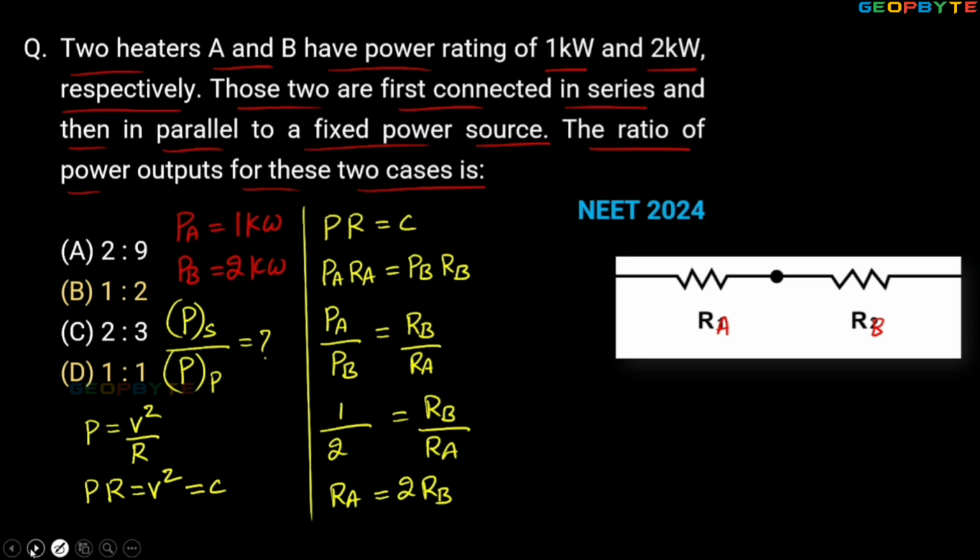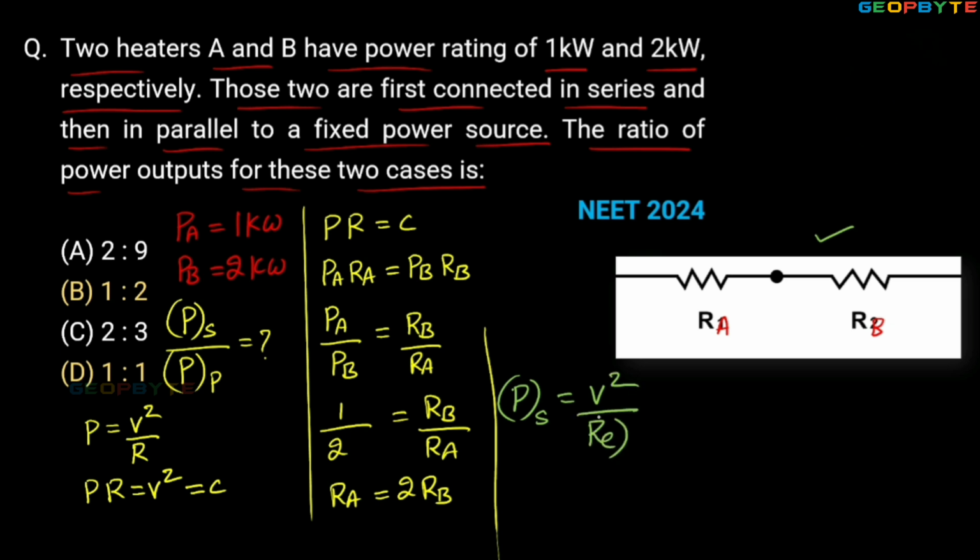Then for the series arrangement, how do we write the power? Power in the series arrangement equals V square by equivalent resistance for the series arrangement. What is the equivalent resistance for the series arrangement?